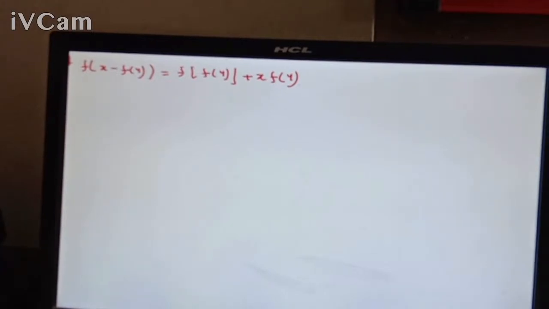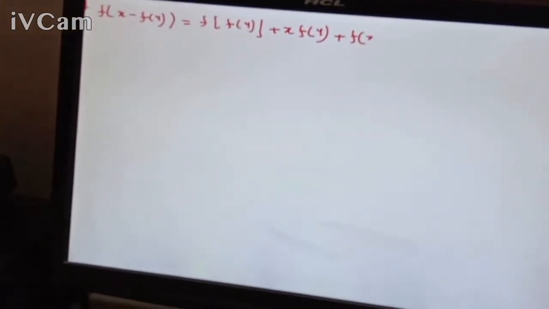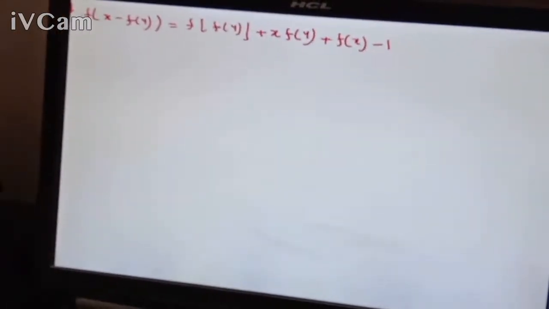That is, f of (x minus f(y)) equals f of f(y) plus x times f(y) plus f(x) minus 1, for all x, y.